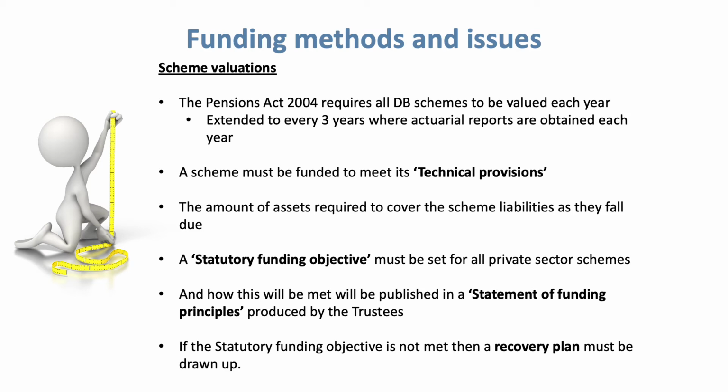That statutory funding objective must then be met by the firm. If the firm doesn't meet that, then there's a duty on the trustees to take action, as we shall see. But generally speaking, if the statutory funding objective is not met in any way, i.e. there's not sufficient in the pot or paid in the pot, then a recovery plan must be drawn up. We'll walk through this process on the next slide.